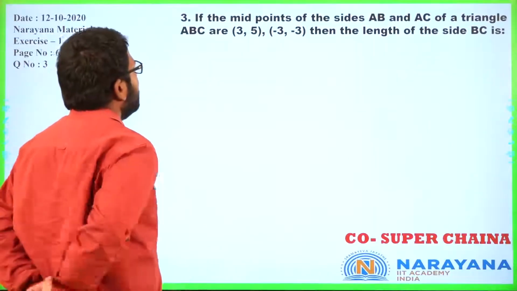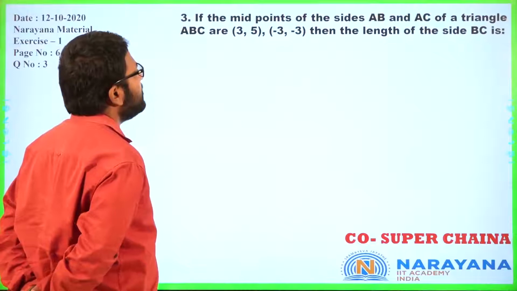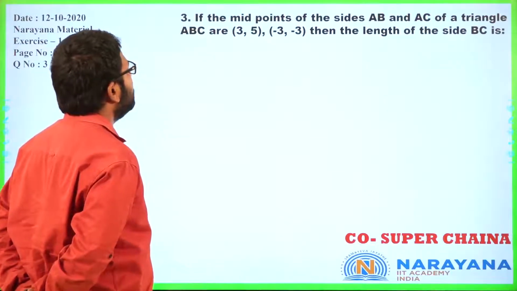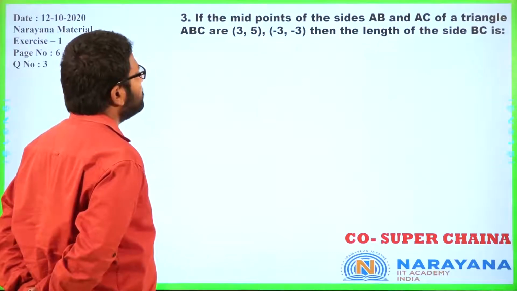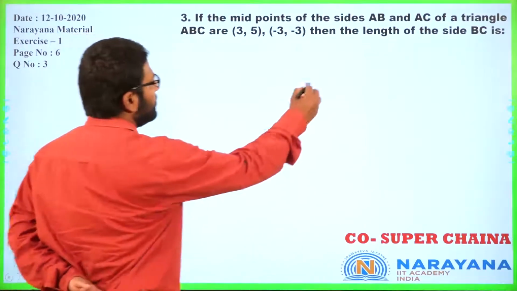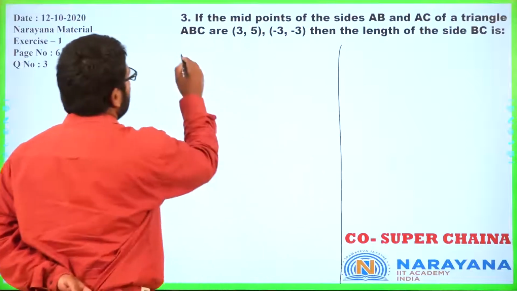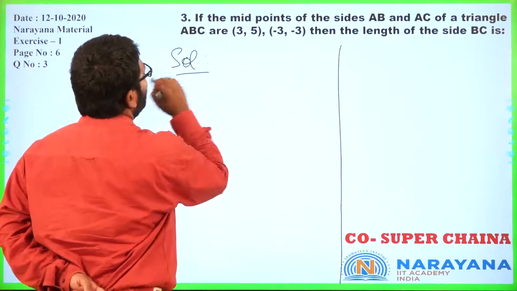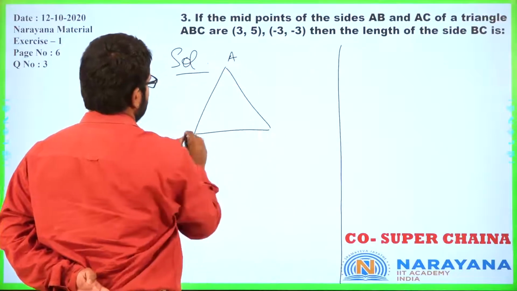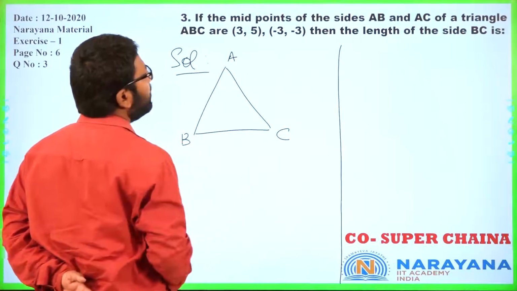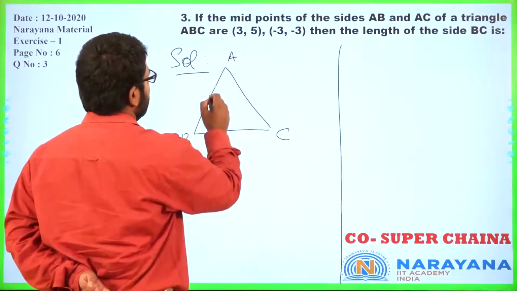First question. If the midpoints of the sides AB and AC of a triangle ABC are (3, 5) and (-3, -3), then the length of side BC is what? Alright. So, what is given to us? That there is a triangle ABC and midpoints of side AB and AC, right?